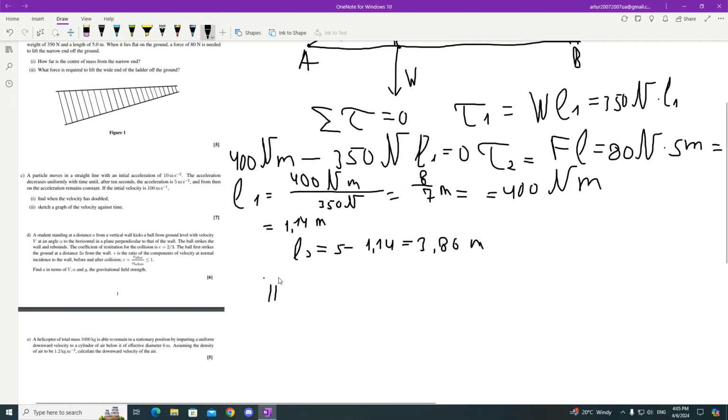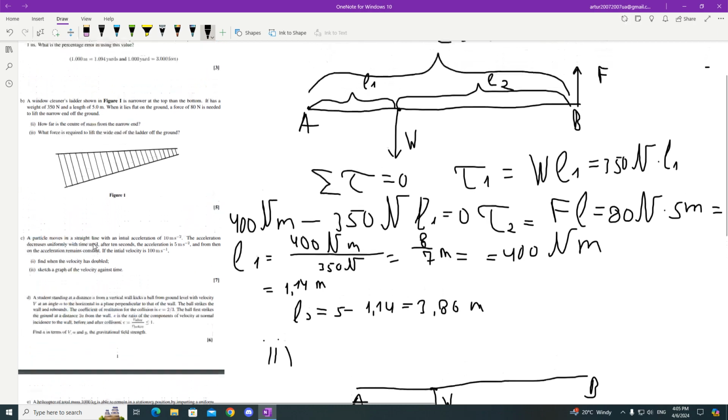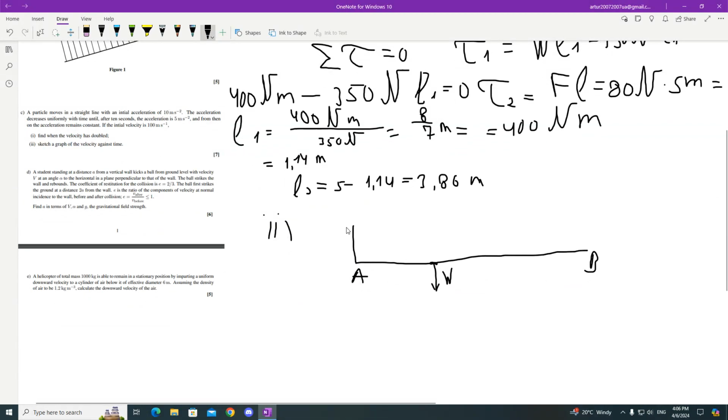Now part II. Let's draw the same diagram, absolutely the same, except the forces. The center of mass still has the weight, but the force is today applied at the wide end, so it's here. L1, L2, F, and the axis of rotation this time is B. We use the same balance of torques.